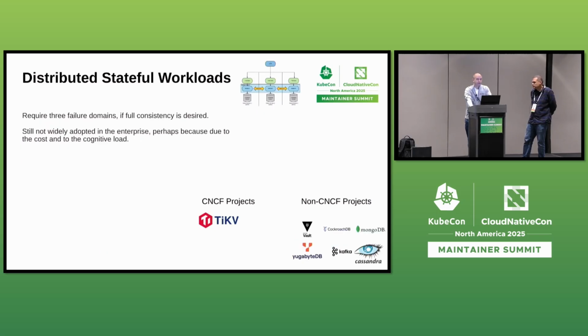On distributed workloads, this is the nirvana, right? You could have 3 failure domains and spread your workloads, databases, or caches, or messaging, whatever you have, across multiple failure domains. Then, when you lose one of these domains, typically this kind of software just reorganizes itself.